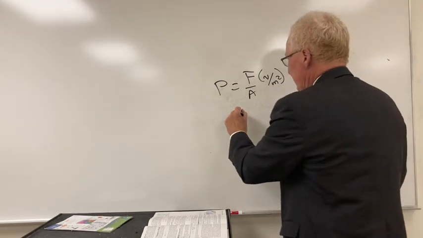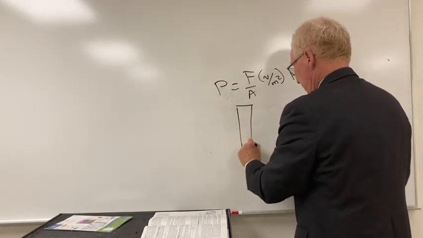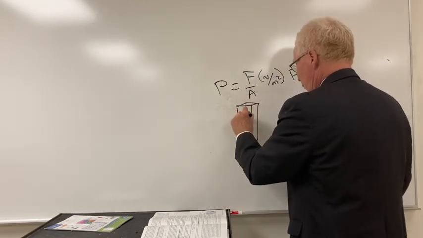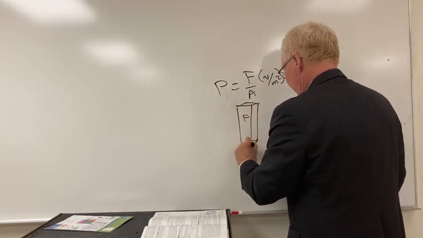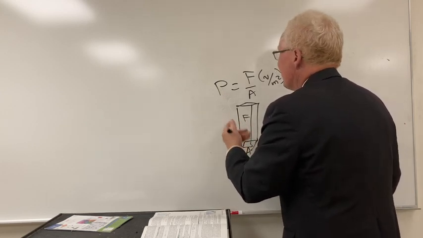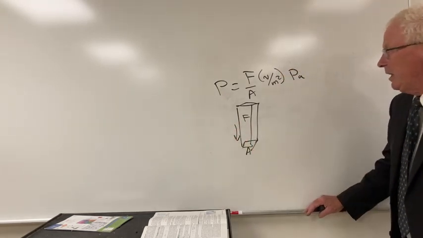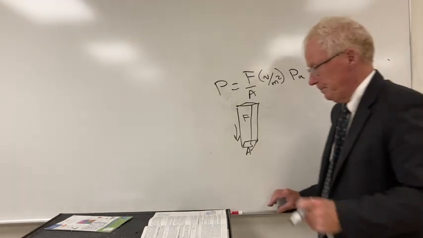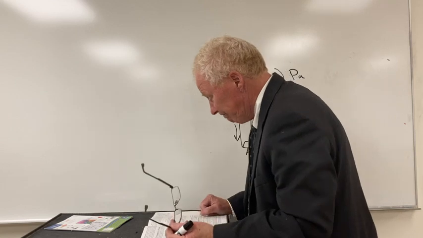And force is the weight of what's above it. So this is the force, and it's on an area this way, based primarily on gravity for most of what we're going to be dealing with. Okay? So that's what we have there.